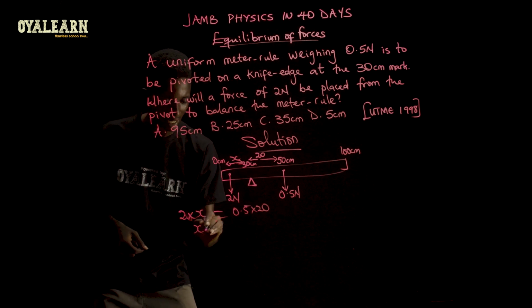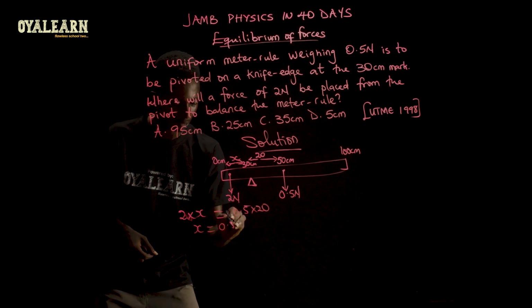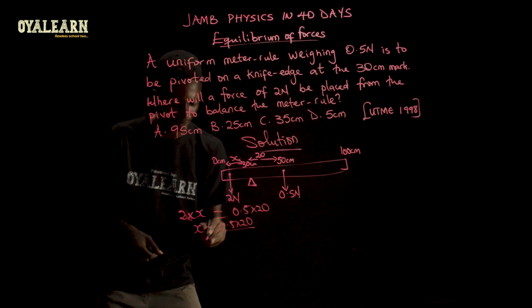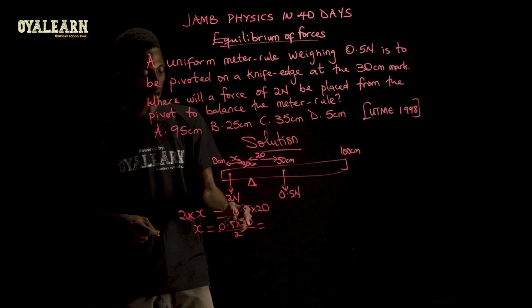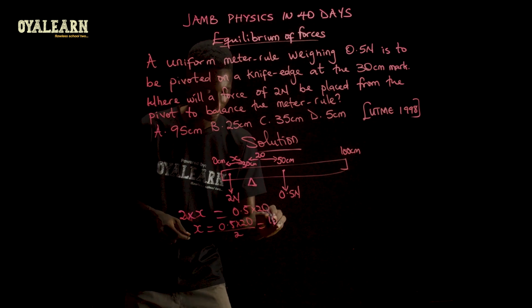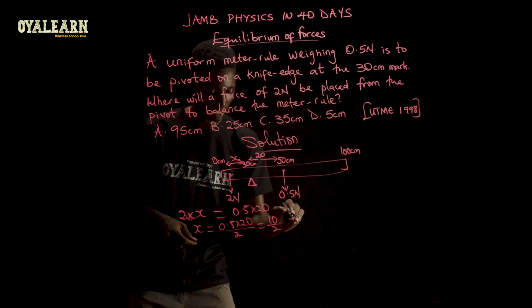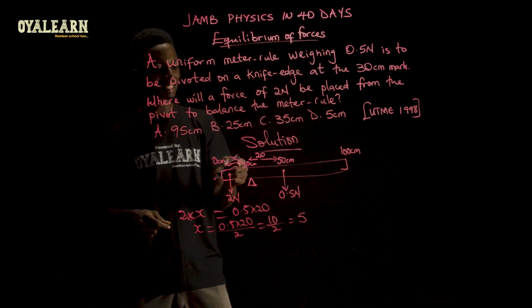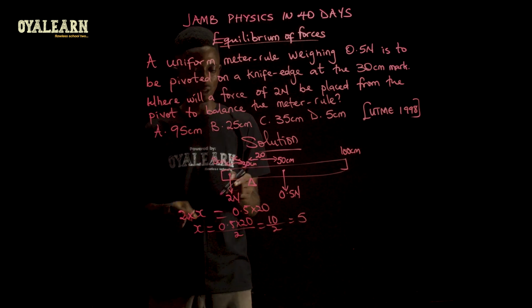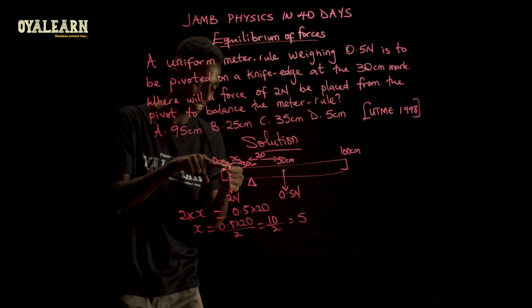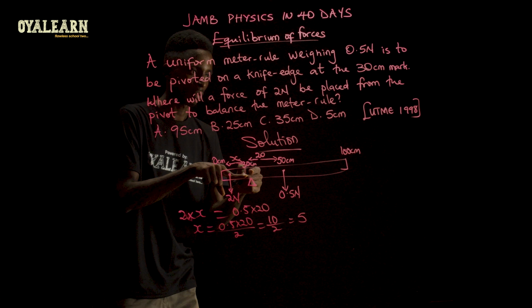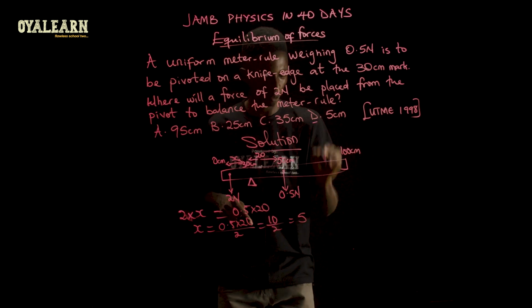So x equals 0.5 times 20 divided by 2. 0.5 times 20 is 10, divide that by 2, and then we have 5. So that tells us that the distance between these two is 5 centimeters, 5 centimeters from the pivot, right? So the correct answer there is option D.